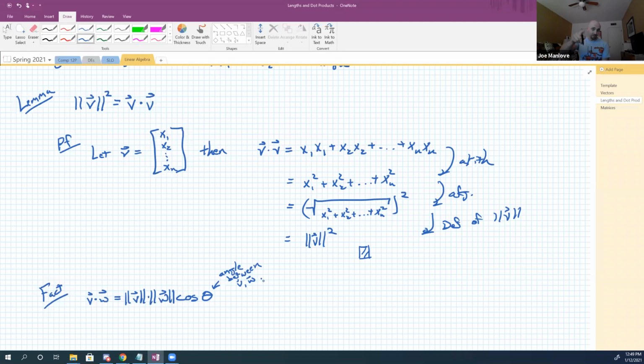Which means that for non-zero vectors, you can figure out what the cosine of the angle between them is pretty easily by taking the dot product and then dividing by the magnitudes. Yes? Okay. I'm not going to prove this because I believe that it's one of the exercises I assign. It is cool. You should spend a minute and fiddle with it. It is a consequence of the law of cosines.